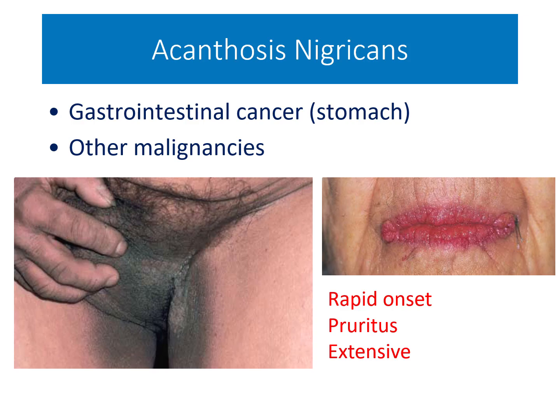Most commonly, it's associated with an adenocarcinoma of the stomach. So remember, a rapid onset, itchy, very extensive acanthosis nigricans are the clues to look for an underlying malignancy.